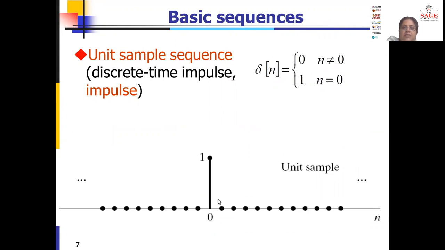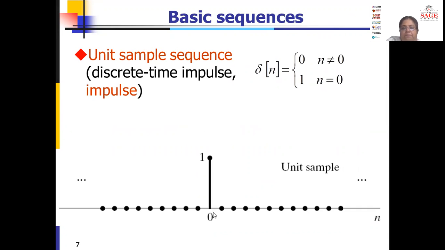Now the basic sequences we can consider, like the unit sample sequence. As we know, the unit sample sequence has amplitude 1. Now the discrete time impulse: we have considered that the sample sequence is an impulse whose location is at 0.